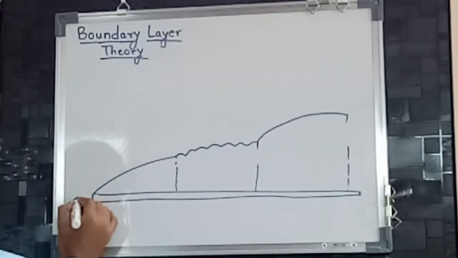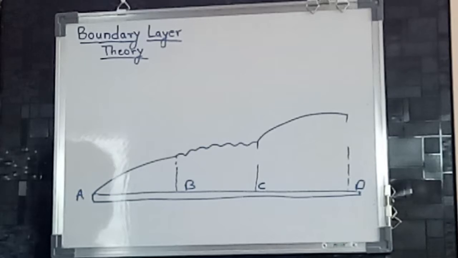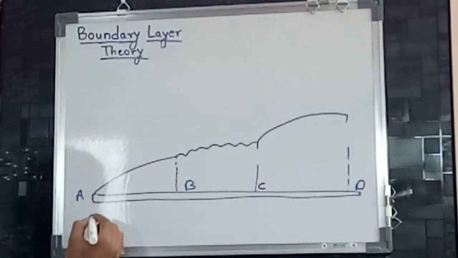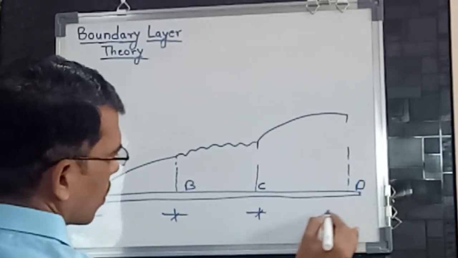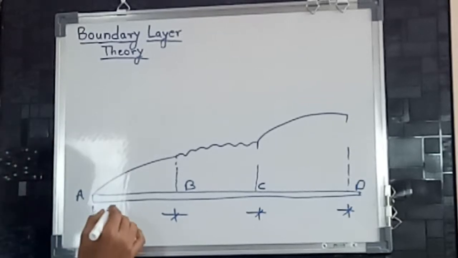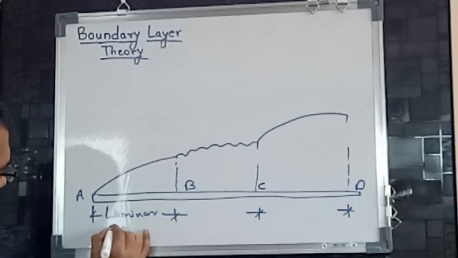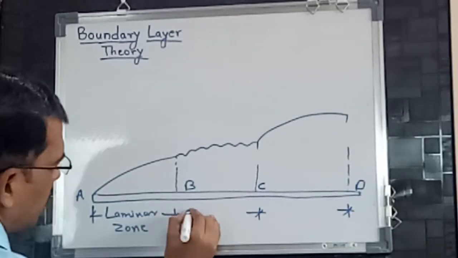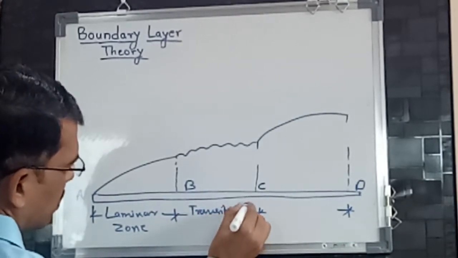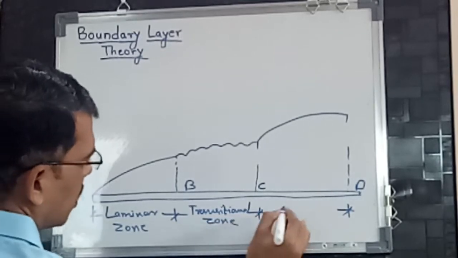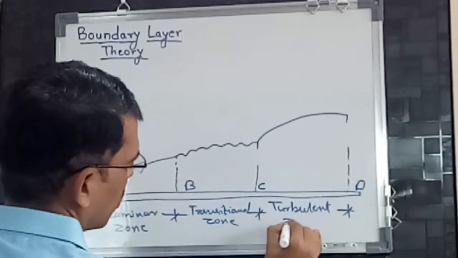Here it is A, here it is B, here it is C, here it is D. Now see here again, this is the laminar zone. Here it is transitional. And here it is the turbulent zone.